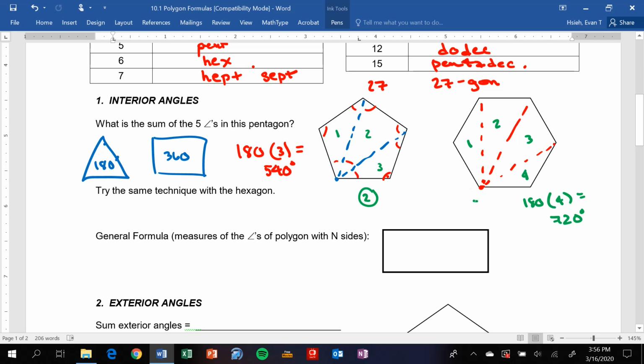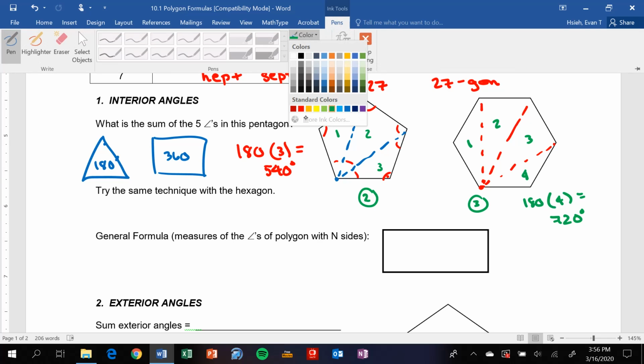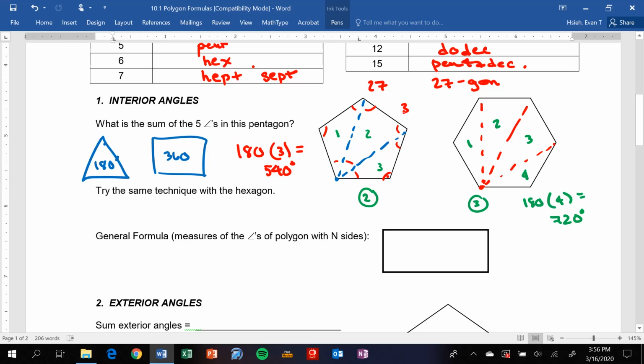A hexagon has 3, and it splits it into, more importantly, 3 triangles, 4 triangles, and then for a heptagon it would be 5 triangles, so on and so forth.